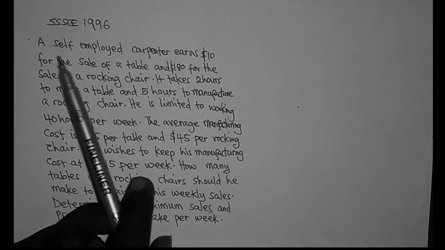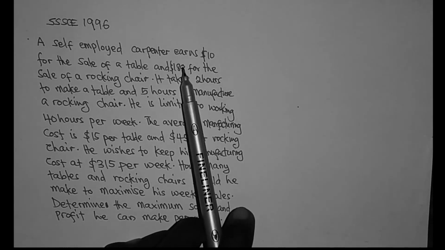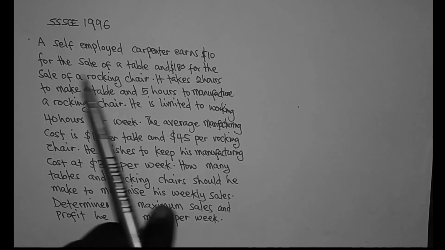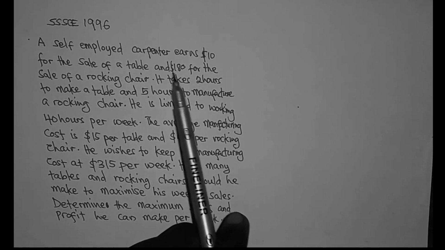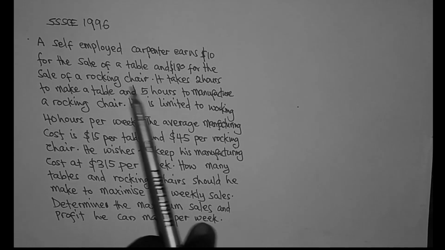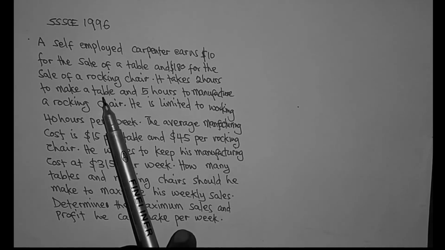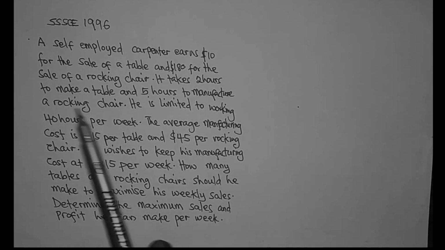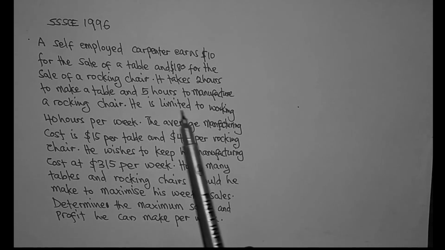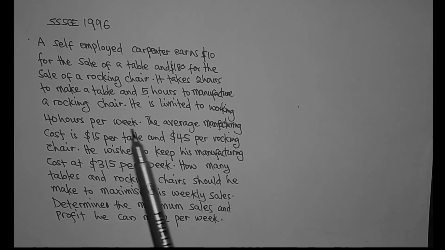A self-employed carpenter earns $10 for the sale of a table and $180 for the sale of a rocking chair. It takes 2 hours to make a table and 5 hours to manufacture a rocking chair. He is limited to working 40 hours per week.